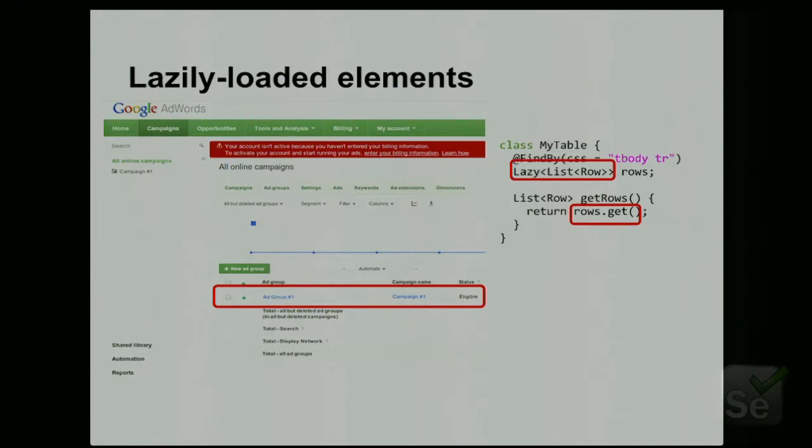So lazy works sort of like that, except I made it explicit, and with Page Factory it will try to cache that value and reuse it later on, and I don't do any caching here. So this will reload the set of rows every time you call get, which means that if the row order changes, it'll be accurately reflected inside this list when you call get.